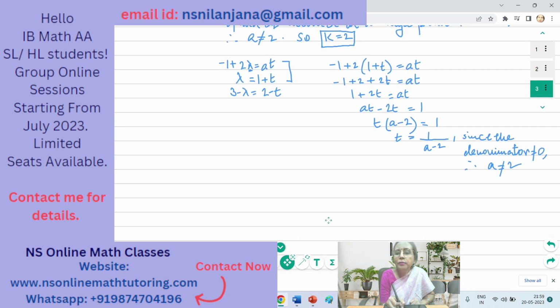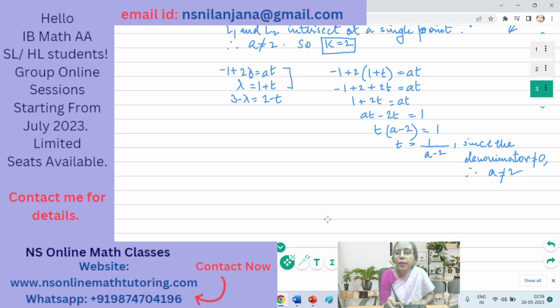And we have got the value of t in terms of a. So now we are in a position to get the coordinates of the intersecting point. Since I have got the expression of t in terms of a, I'll be taking these coordinates, because both refer to the same point. So it will be a, 1 plus t and 2 minus t.